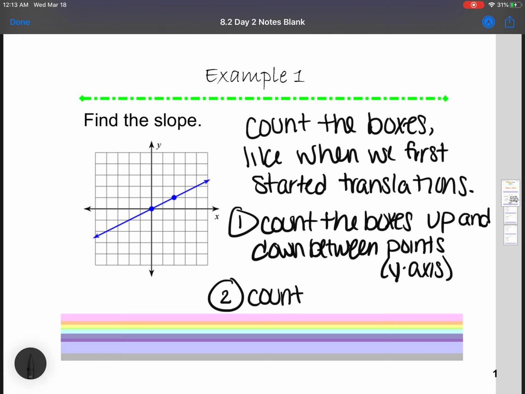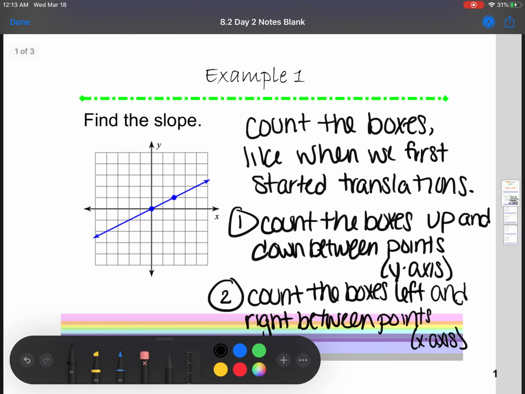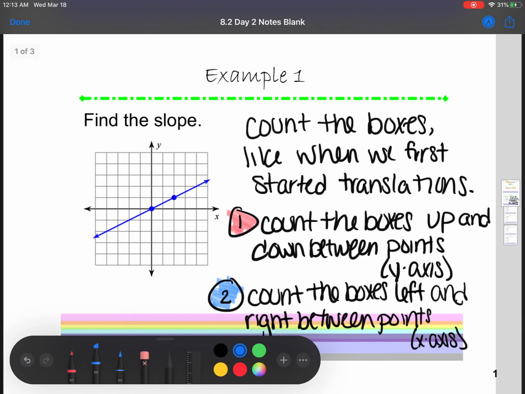Then we want to count the boxes left and right between points. That will be on our x-axis. So then our slope will be the change in the y's over the change in the x's.